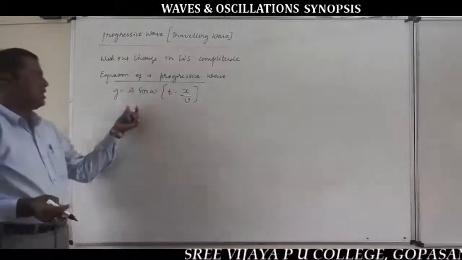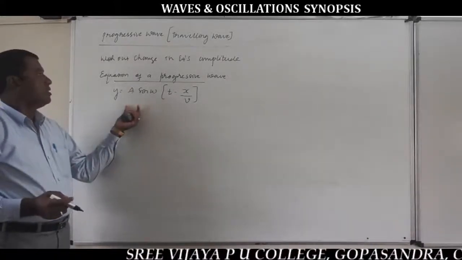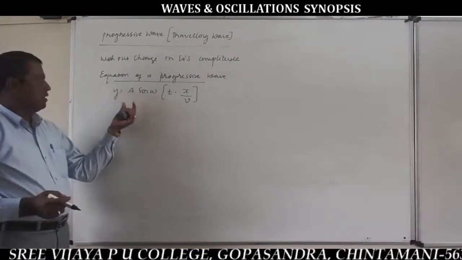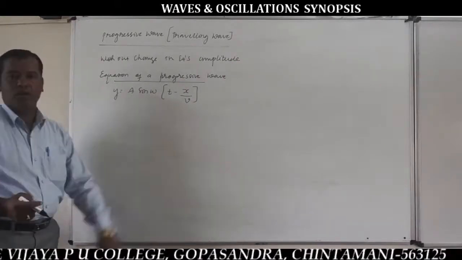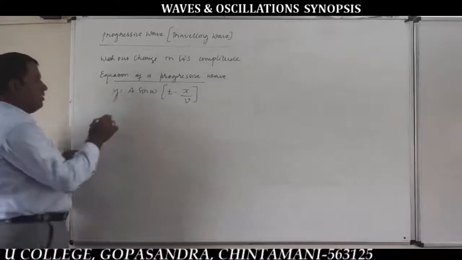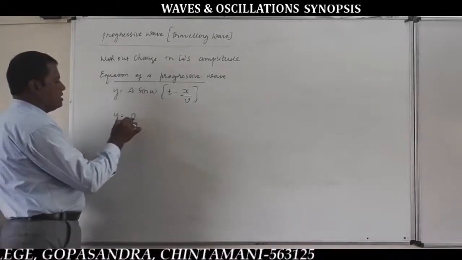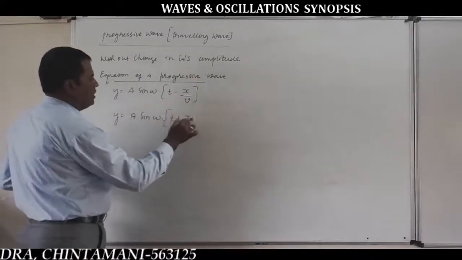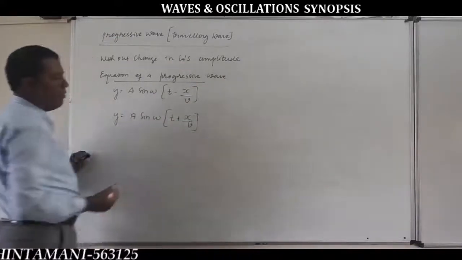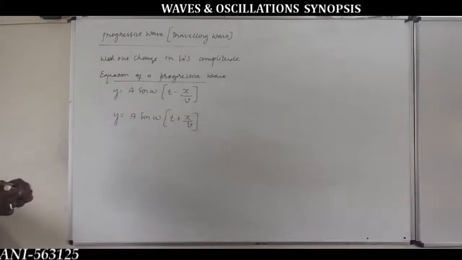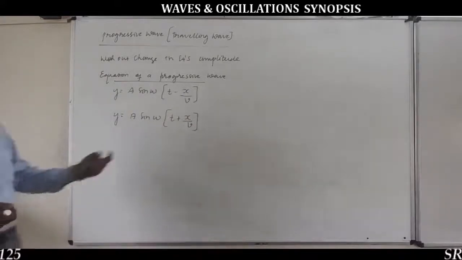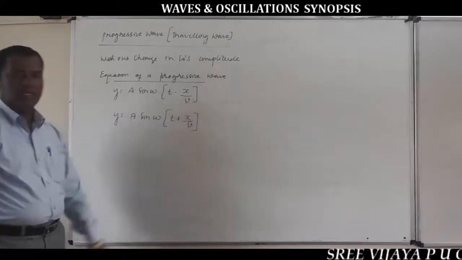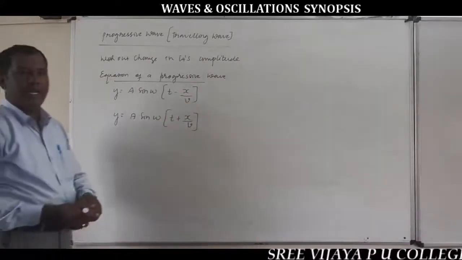If the wave is traveling along the negative x-axis, then it is represented by y is equal to a sin omega into t plus x by v. These two equations represent the equations of progressive waves. The first is traveling along the positive x-axis, and the second along the negative x-axis.